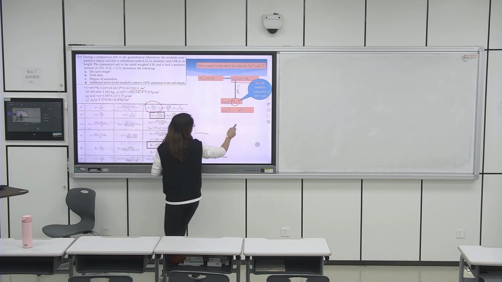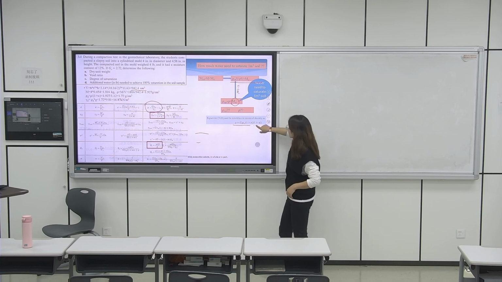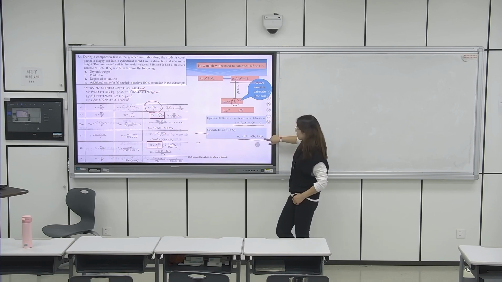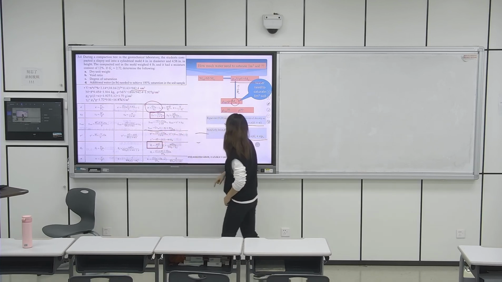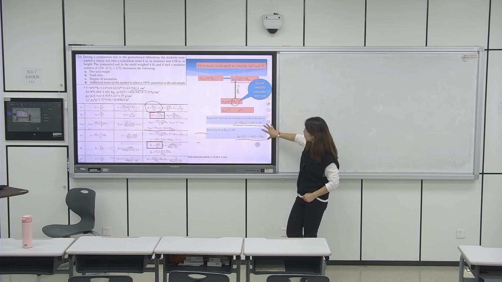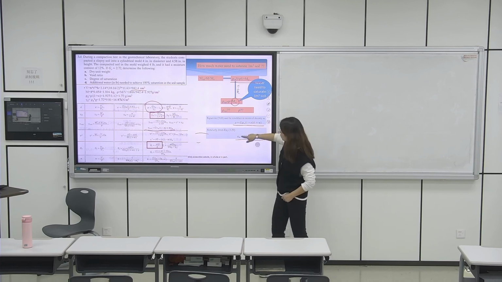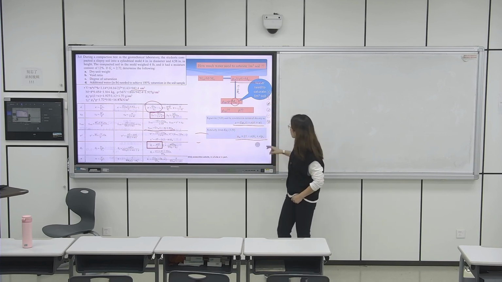So the moist density equals this. And for the saturated density, it equals this. You see, it is very similar. With these two equations we can get rho sat and rho, and the difference between these two is the water needed to saturate 1 cubic meter of soil.